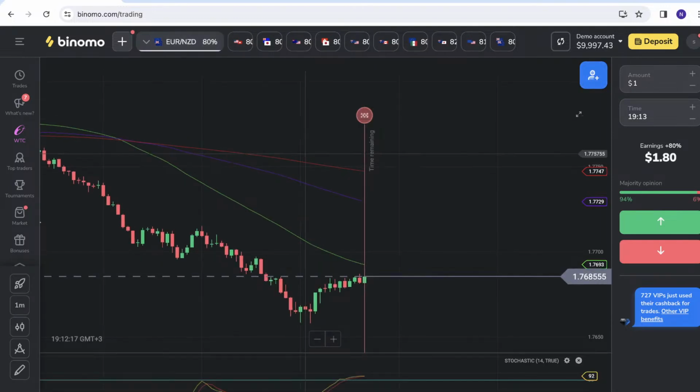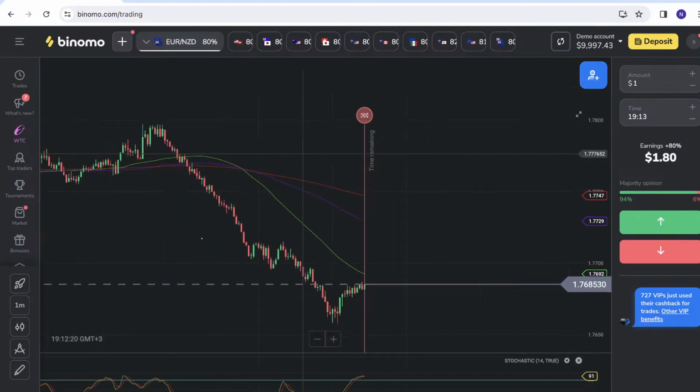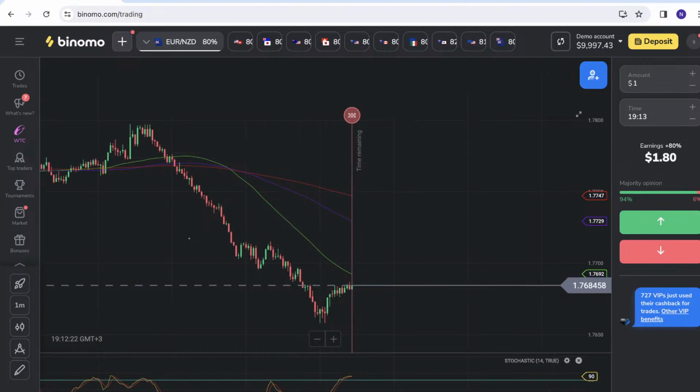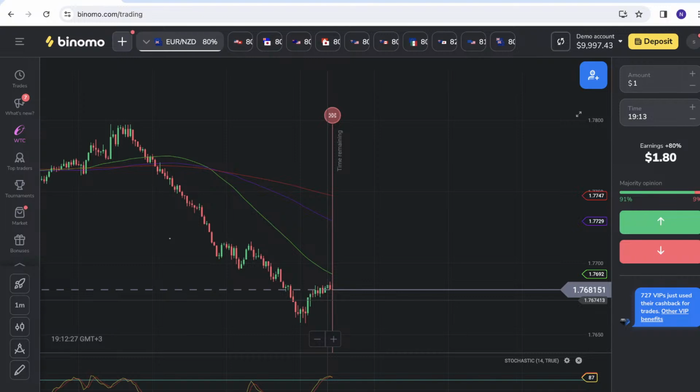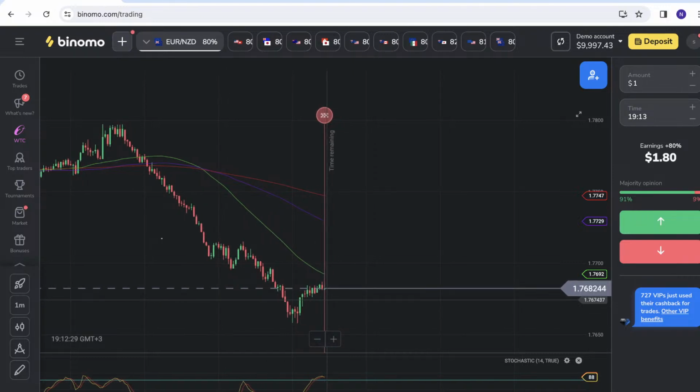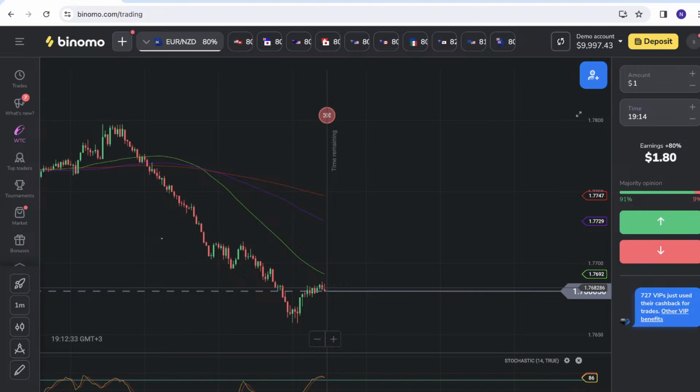Maybe here we can get some signals. As we can see, price is in a downtrend. Now price is trying to go up, and the stochastic oscillator is in the overbought zone, but price is not testing the 50 period simple moving average. In this case, it's not a good point to open a down trade.